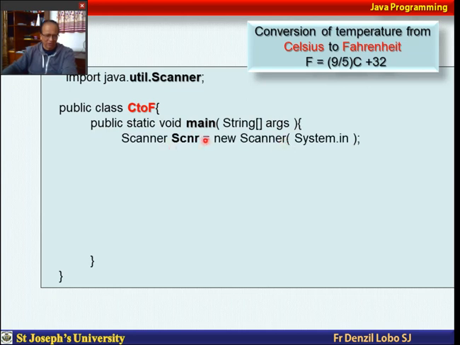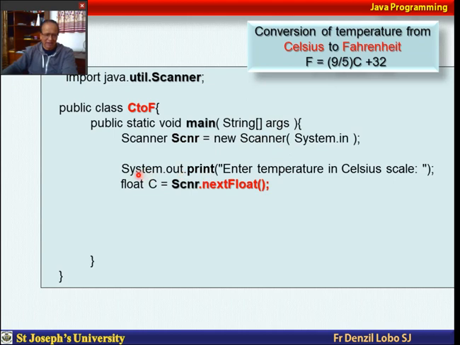So first, again, we will create a Scanner object, scnr, using the Scanner class. And then again I am saying System.out, enter temperature in Celsius scale. Now this time we are going to input a floating number. So I call scanner.nextFloat, and it is assigned to C. Because I'm converting C to F, I'm getting the value of C here, and now we use this formula.